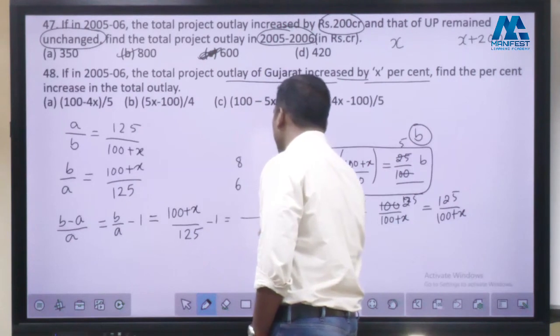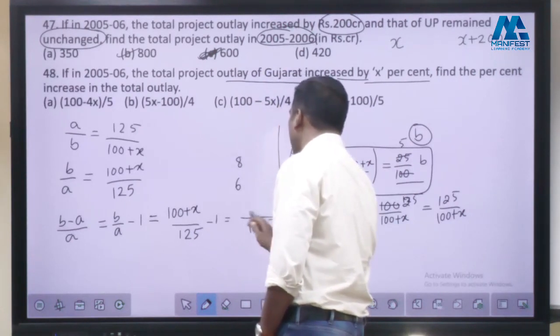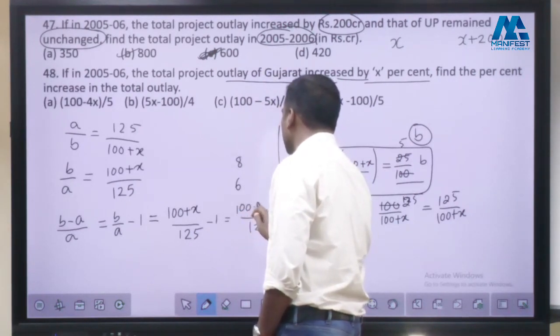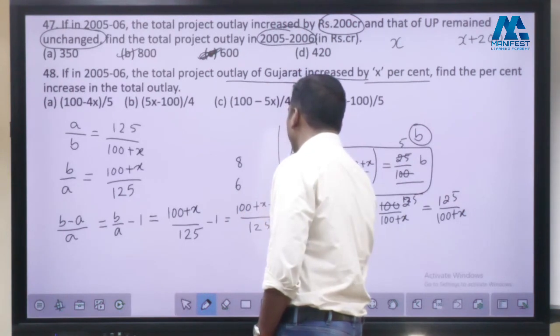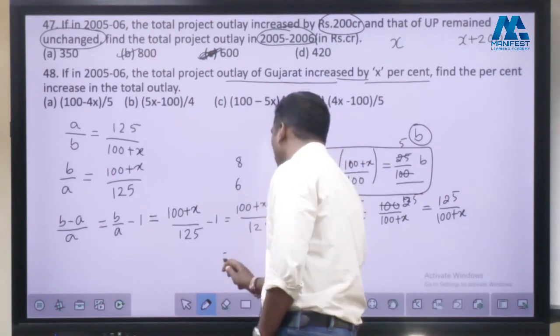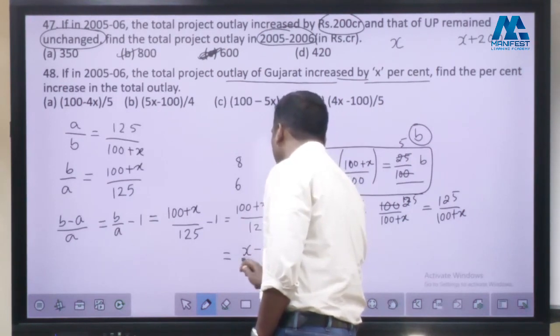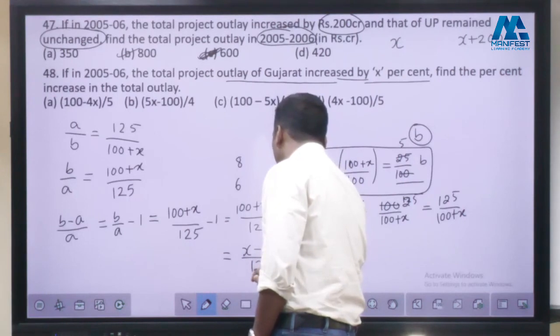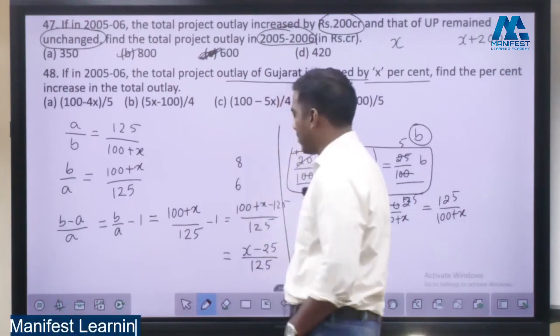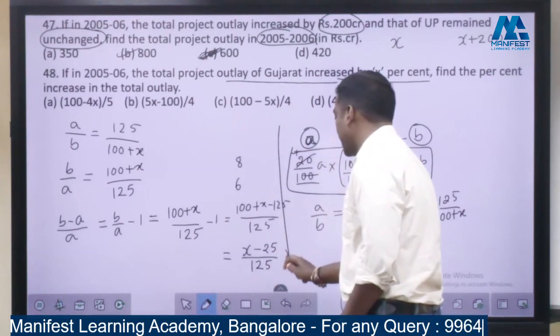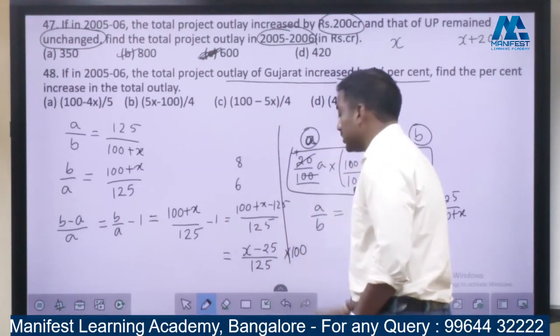If you take the LCM, 125, 100 plus X minus 125 divided by 125, or this is equal to 100 minus 25, so that is X minus 25, divided by 125 into 100. This should be the answer.